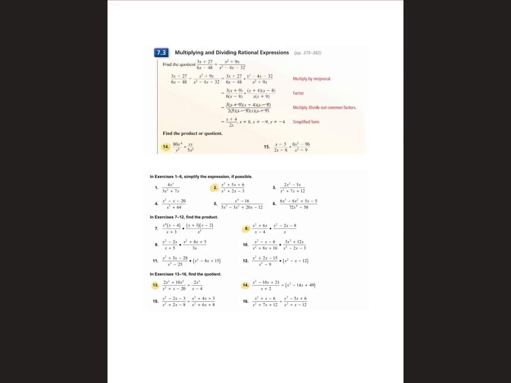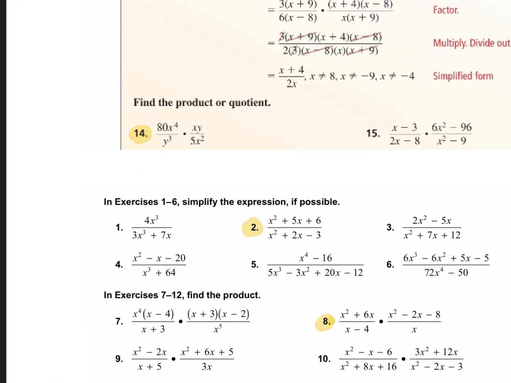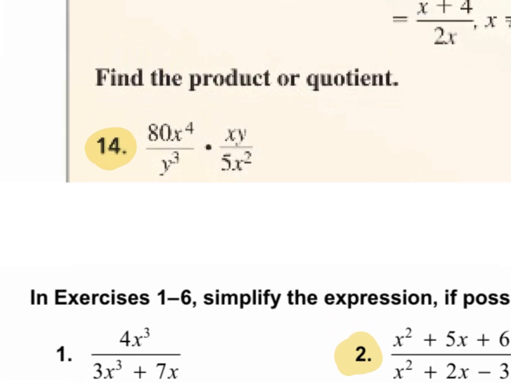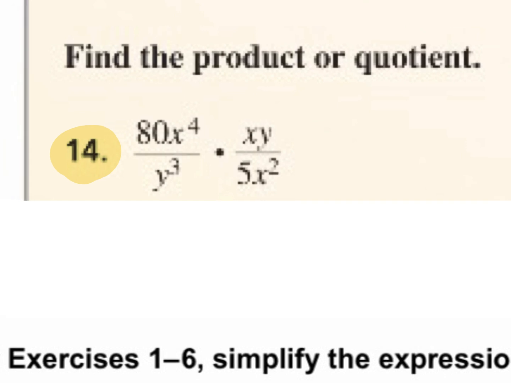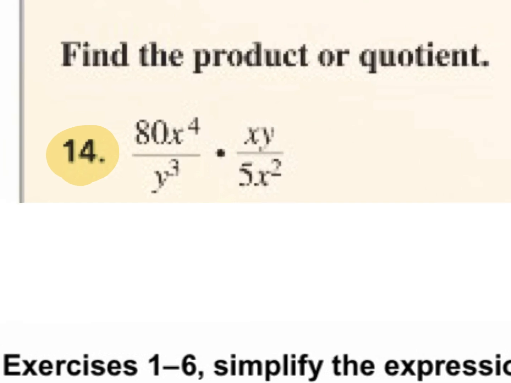All right, let's move on to 7.3. We're going to start with the multiplying one, number 14. So a couple different ways we could do this first. We could either simplify right off the bat, or we can multiply it together and then simplify. I'm going to say let's multiply it and then we'll simplify. So we're going to just multiply the tops together and multiply the bottoms together.